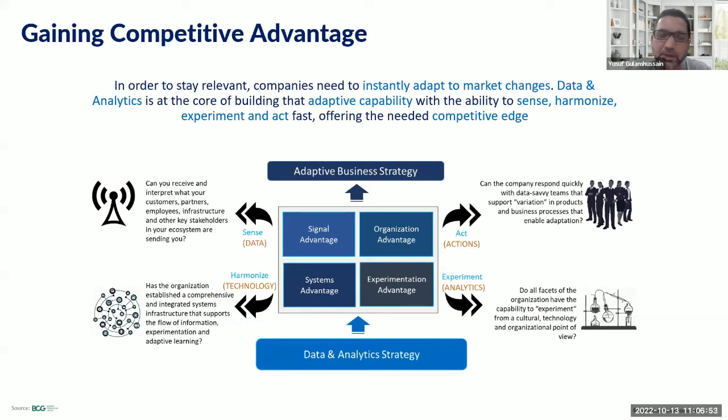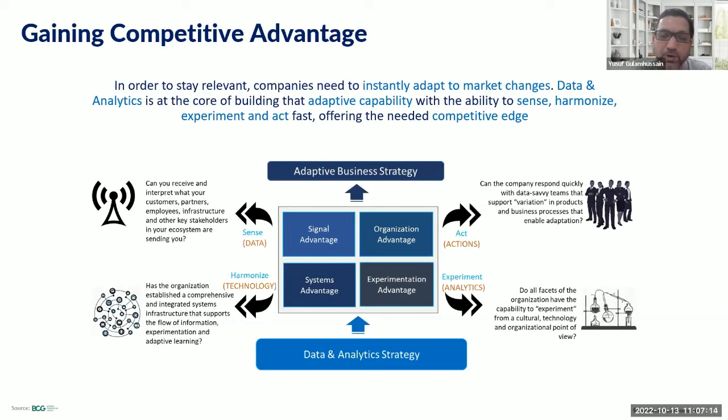So essentially, the key is the ability to sense, the ability to harmonize information, experiment with that information, and then appropriately, proactively act upon that information. Now, those four things in combination is what truly helps define an adaptive business strategy.